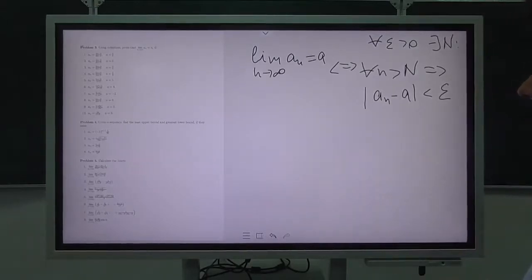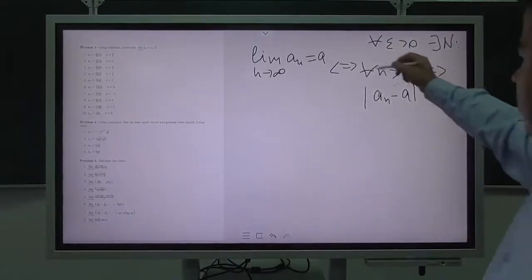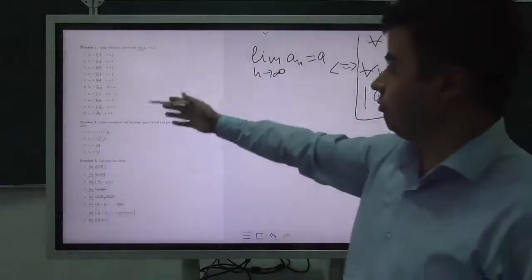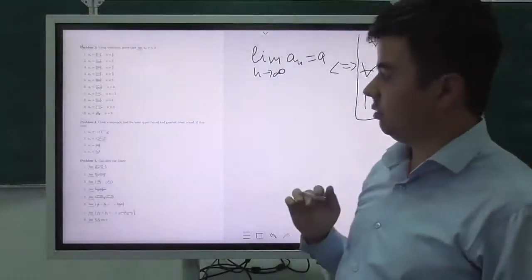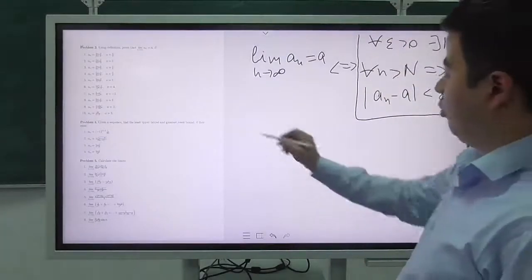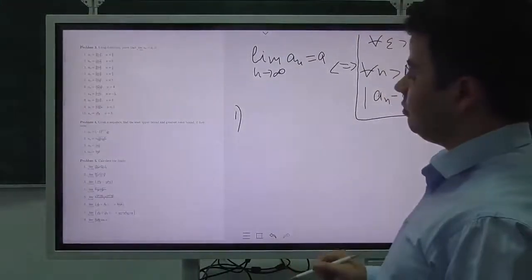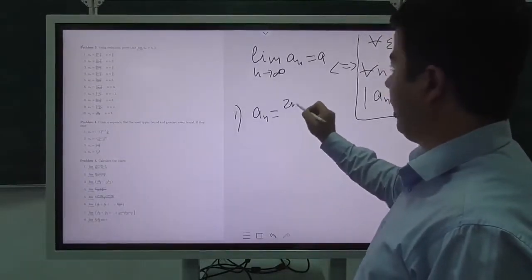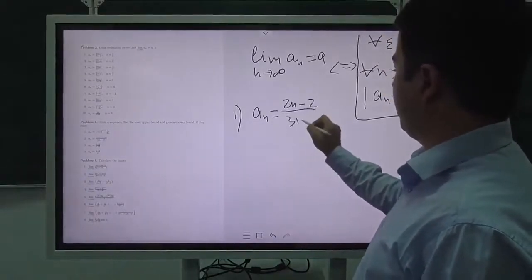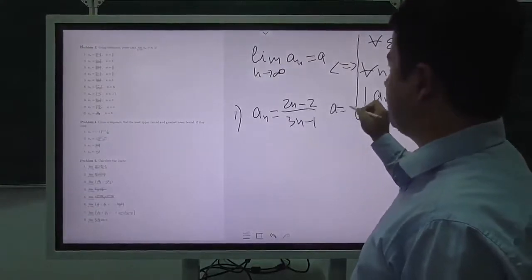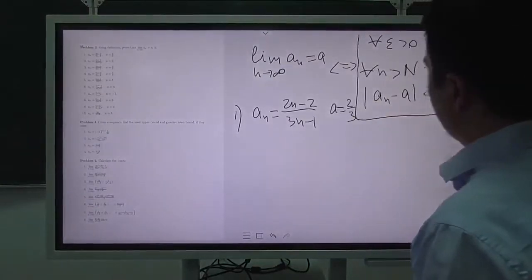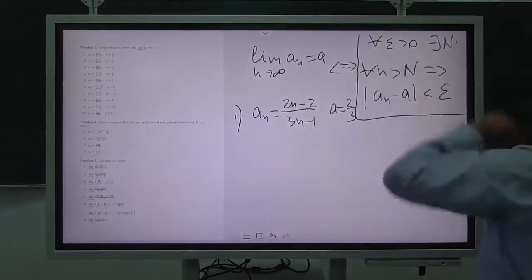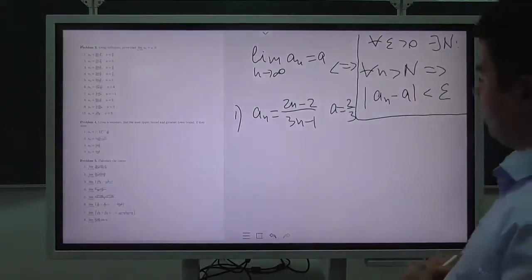And now let's use this definition and prove that they are equal. For example, number 1: an is 2n minus 2 over 3n minus 1, and a is 2 over 3. Let's use this definition.